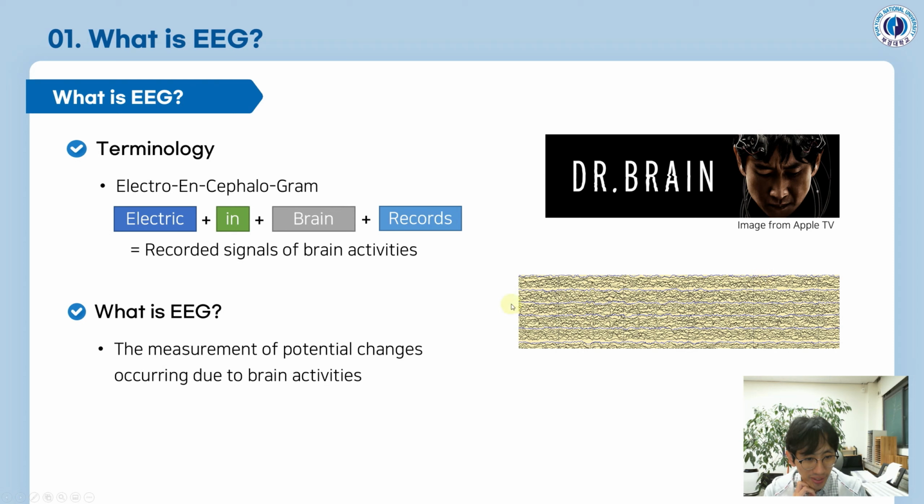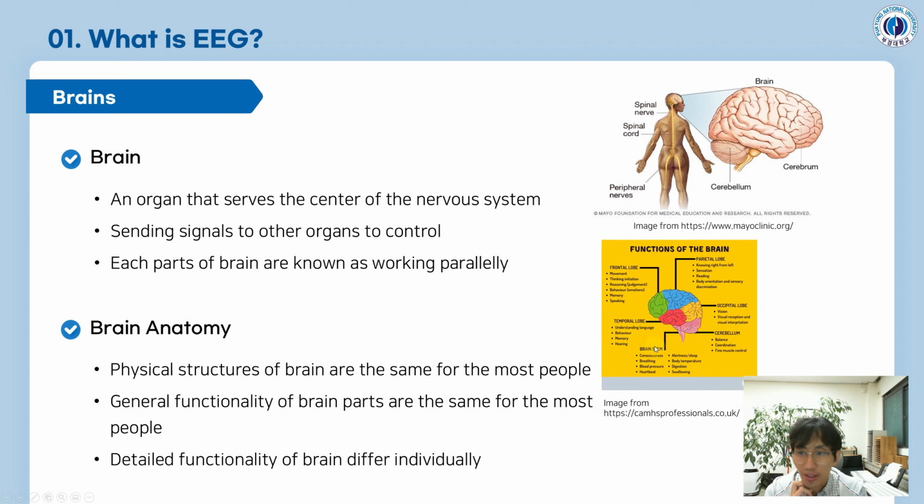So this is the signal of EEG, our brain signals. Okay, so let's talk about the brain first. Everybody knows where our brain is. It's inside of our head. And this is an organ that serves as a center of the nerve system. So when our brain is damaged, then it is difficult to control our bodies.